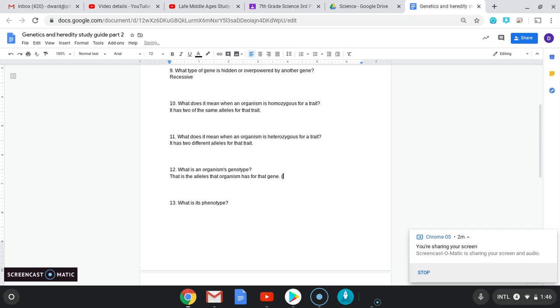So if we're talking about, say, the genes for how tall a pea plant is, one genotype would be two capital T's, meaning two tall alleles, or a capital T and a lowercase t for a tall allele, which is dominant, and a short recessive allele. Or it could have two recessive lowercase t's for two recessive alleles.